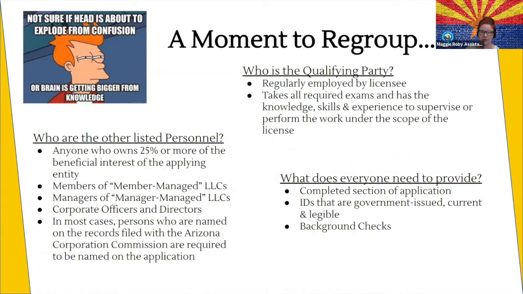All right. I know we gave you a ton of information, but just to go over it one more time, who is the qualifying party? The qualifying party is regularly employed by the licensee, is the person who is going to be taking all of those required exams, and has the knowledge, skills, and experience to supervise or perform the work under the license. Additionally, who else needs to be listed on the license? Like we said, anybody who owns 25% or more of the entity.